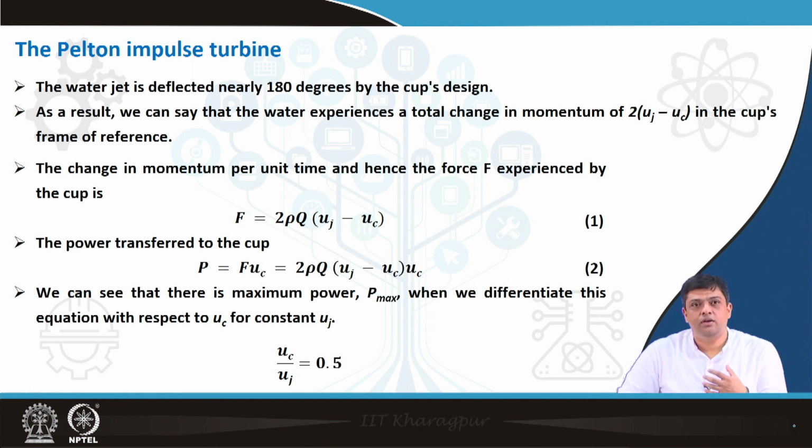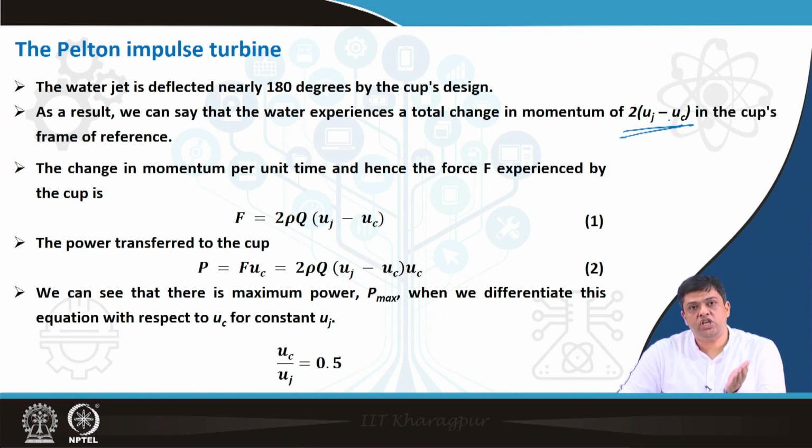As you saw, the design of the cup was such that the water which was hitting was deflected nearly 180 degrees. Therefore, the water experienced a total change in momentum which is given by twice of Uj minus Uc, while you are seeing from the cup's frame of reference.